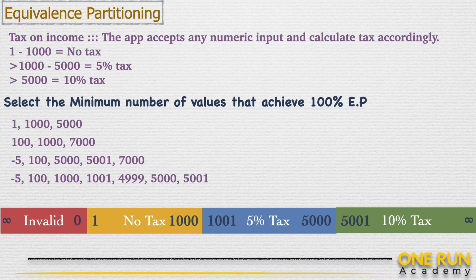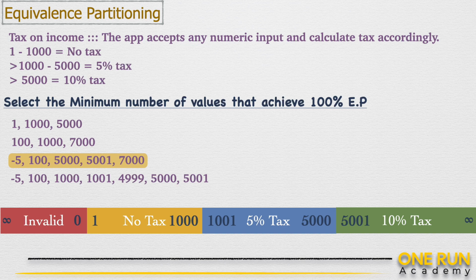Now option 3 has the following values: -5, which covers the invalid partition, 100, which covers the no tax partition, 5,000, which covers the 5% tax partition, 5,001 and 7,000, both covering the 10% tax partition. So I guess that option 3 is the correct answer, as it achieves 100% equivalence partitioning coverage.